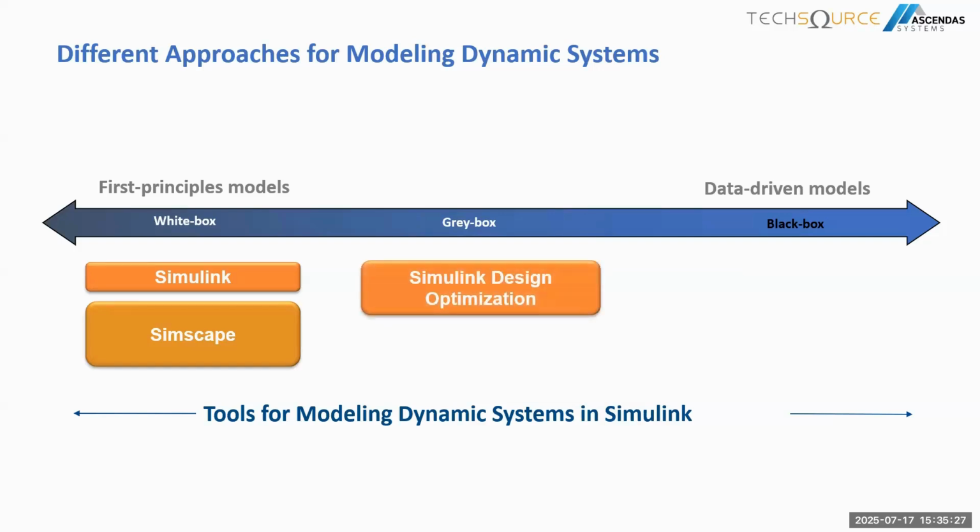So we use Simulink Design Optimization to tune the parameters of the first principle models, so we can match the simulation to the actual representation of our models. These work hand in hand for our system modeling to be accurate.